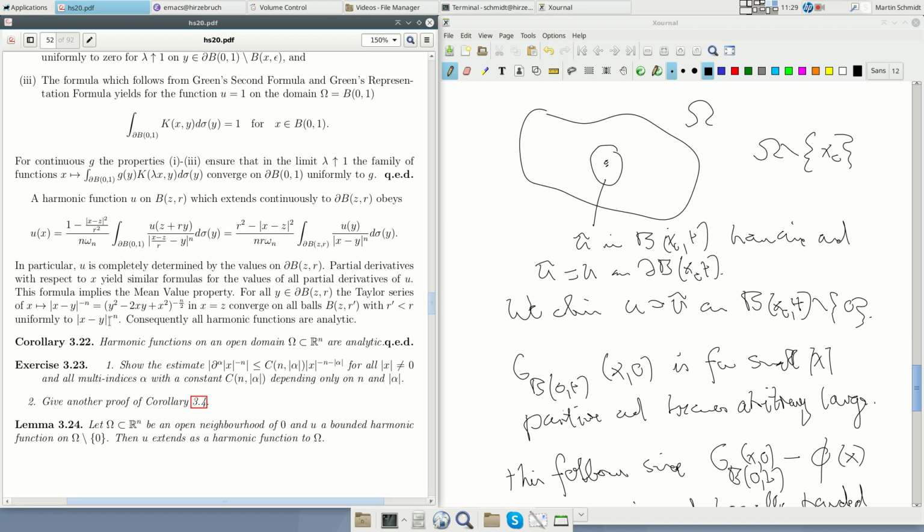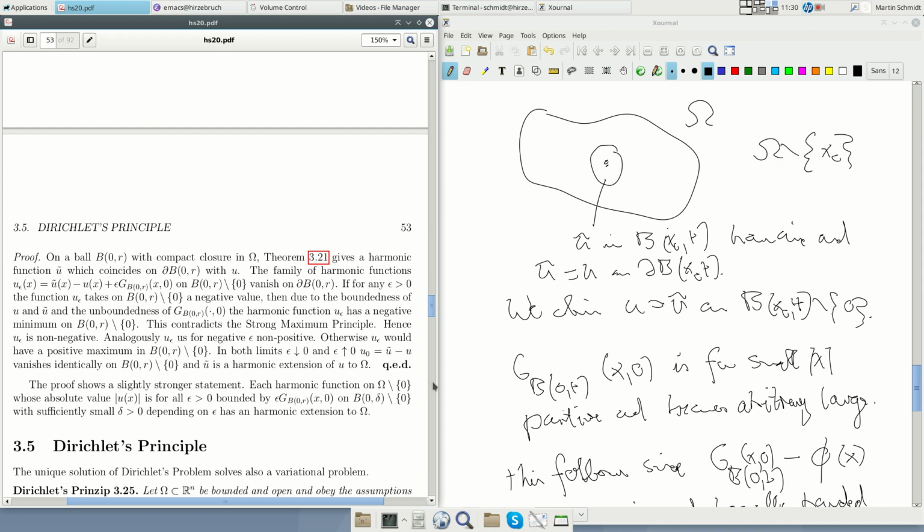Then we had nice consequences. First, all harmonic functions are analytic, and some extension theory: a bounded harmonic function on a punctured domain extends to a harmonic function. Thank you.